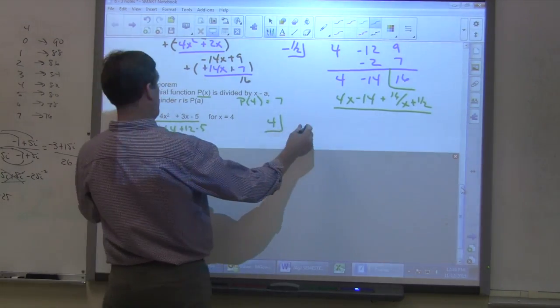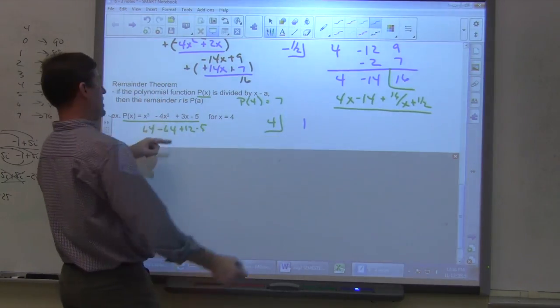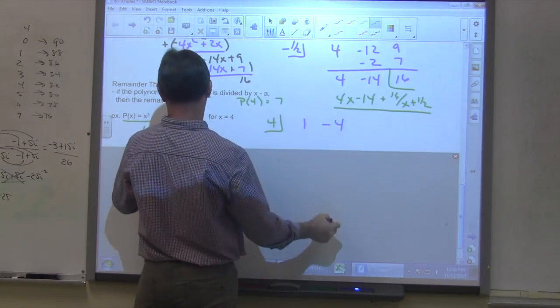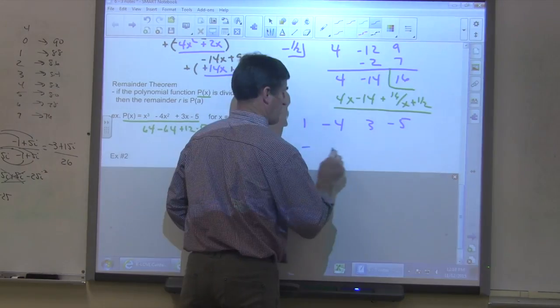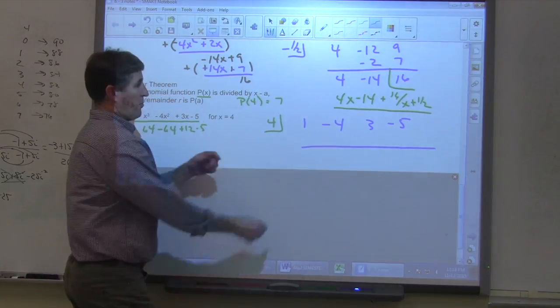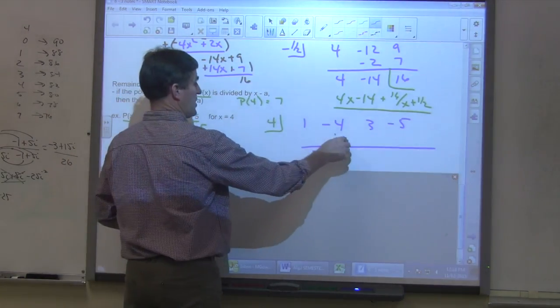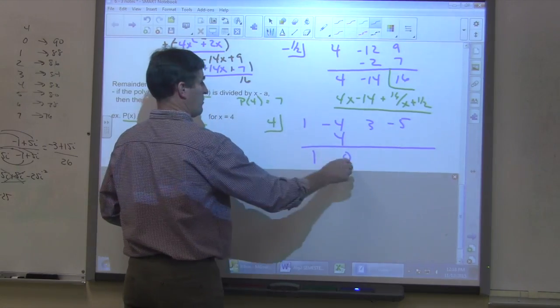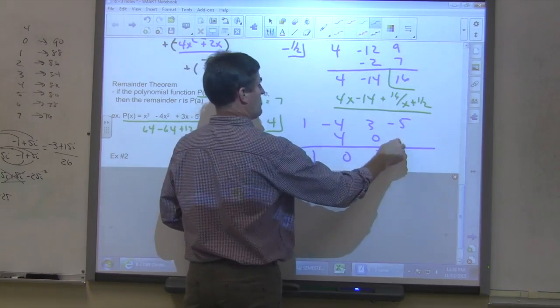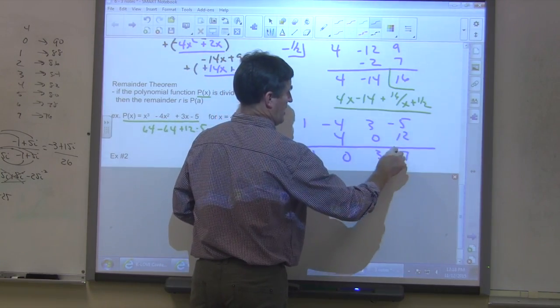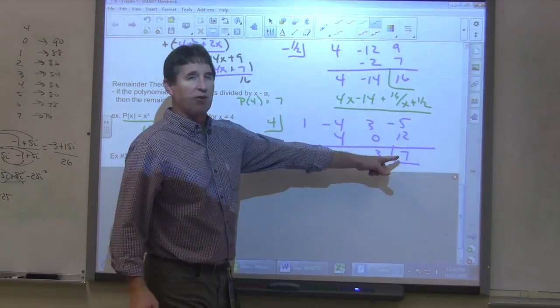So we got 4, and our coefficients are 1, -4, 3, -5. And so we bring down the 1. 4 times 1 is 4. 0. 4 times 0 is 0. 3 plus 0 is 3. 4 times 3 is 12. And we get the remainder is 7.